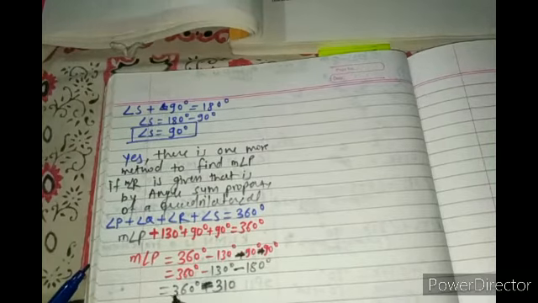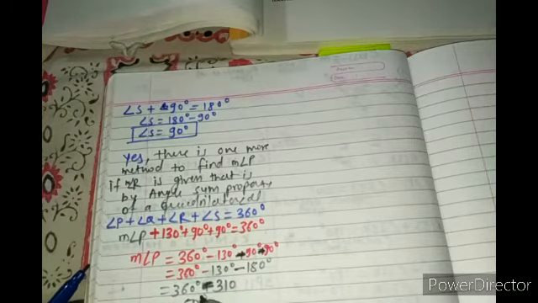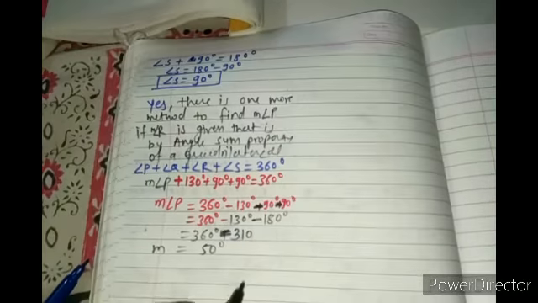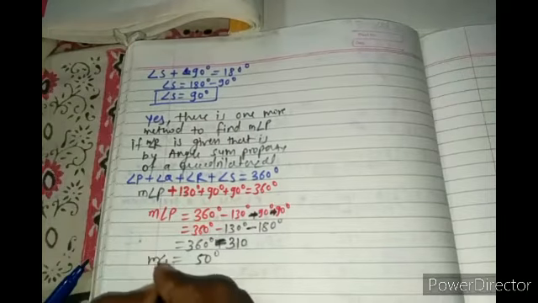So what is the value of angle P? It is again 50 degrees, right? So it is again 50 degrees.